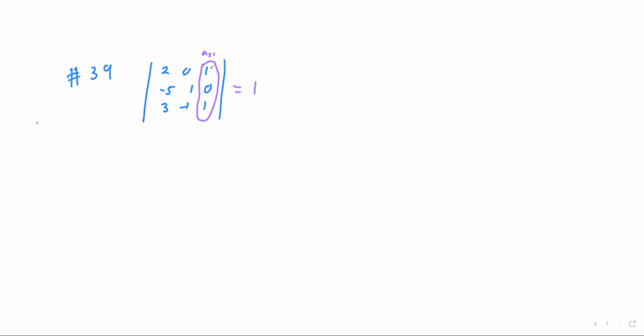I'll delete this row and delete this column. Then I'm left with -5, 1, 3, -1.